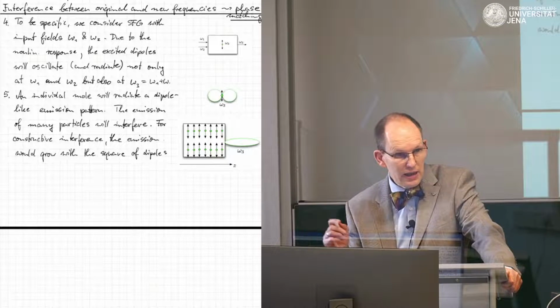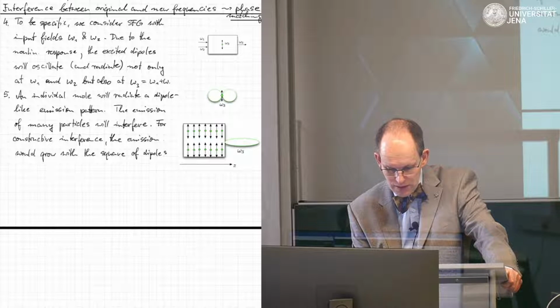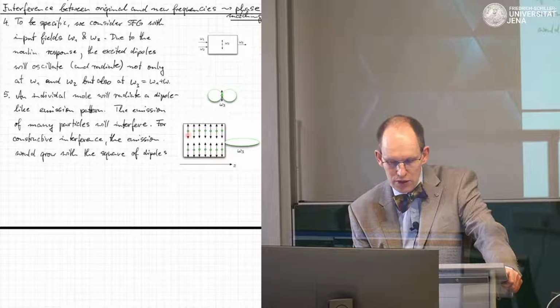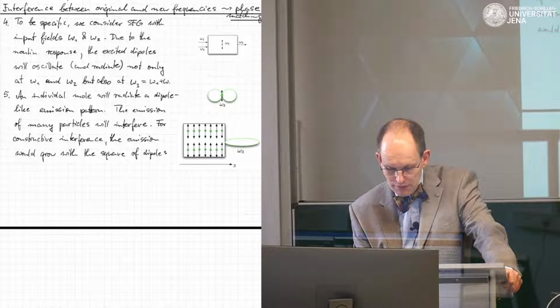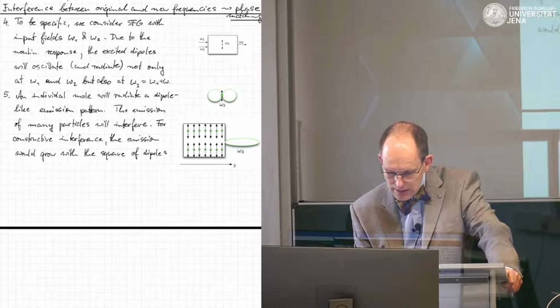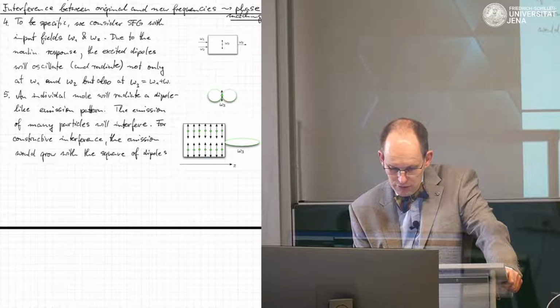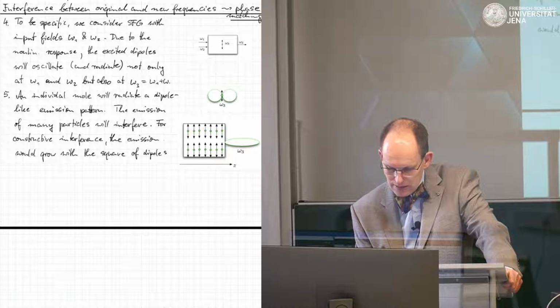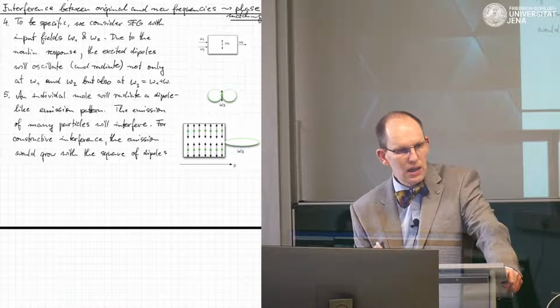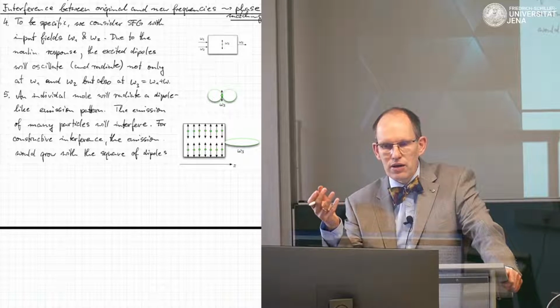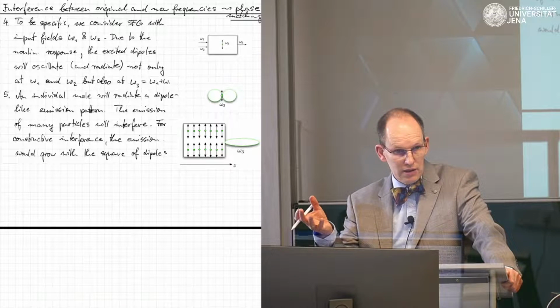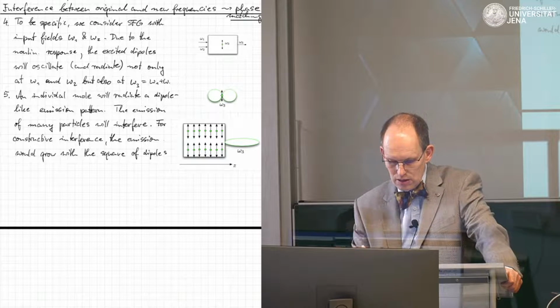Right? So in the linear case, this is automatically given, because they only radiate at the frequency at which they are excited. However, if you have the nonlinear case, then of course the sum frequency, so the newly generated light at omega 3, has a higher frequency and therefore a higher refractive index if we speak about normal dispersion, right?